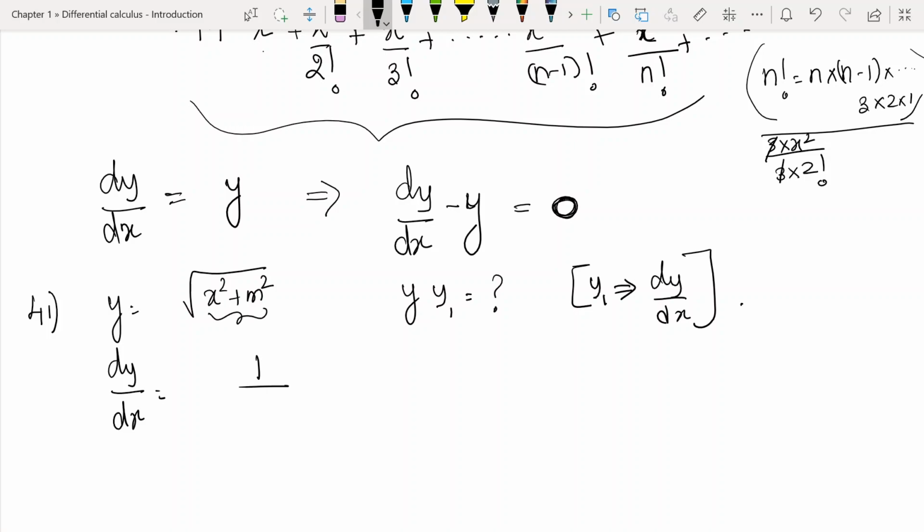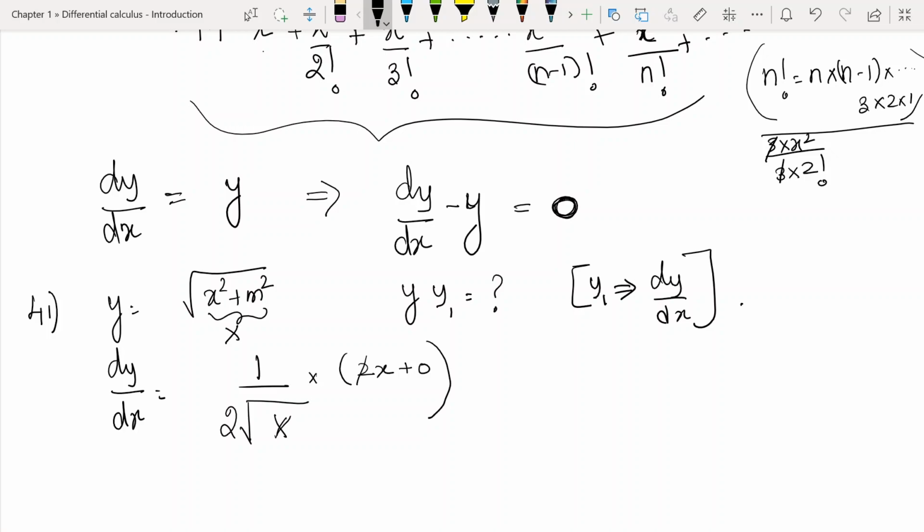I have asked you to assume this whole thing to be a capital X, so it will become 1 by 2 root capital X, correct? The differentiation of root x, multiplied by the differentiation of this term, which is 2x plus m square becomes 0.